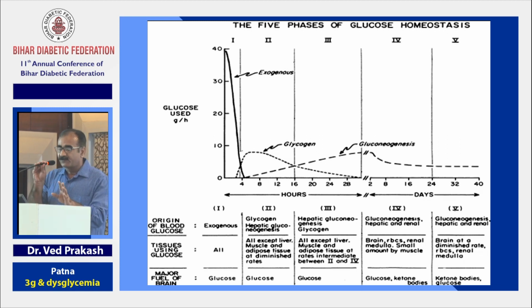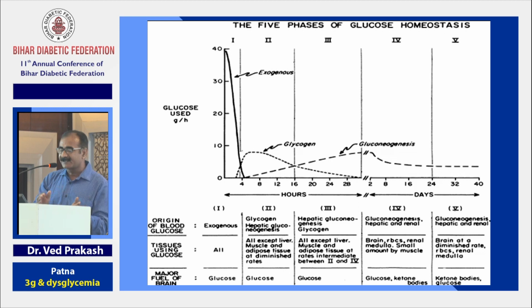In the first 4 hours after the feed, after the nutrition we take, glucose is maintained mainly by exogenous glucose, that is, glucose derived from nutrition. Between 4 and 16 hours, the glucose level is maintained mainly by glycogenolysis, that is, breakdown of glycogen.